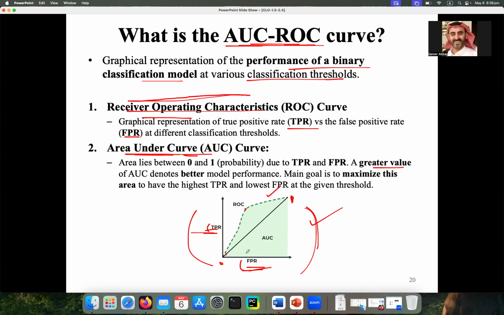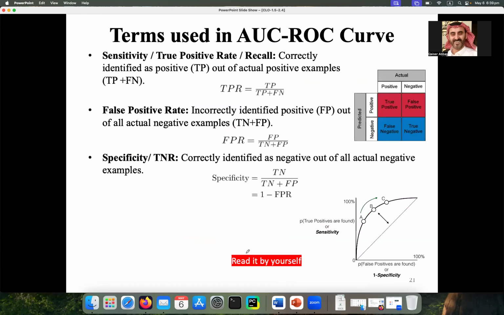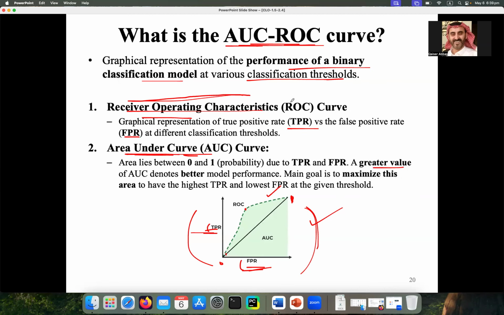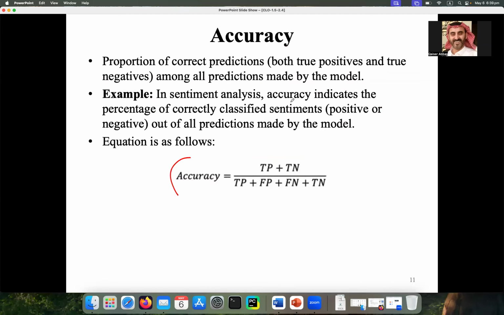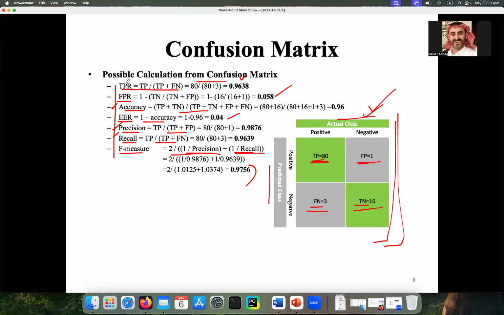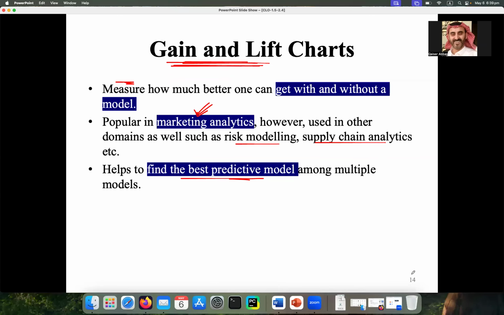Anyhow, now we will see this AUC-ROC in detail. But before that, these are the terms that are needed to understand it. These terms include recall, which we already know. The other name for recall is TPR or sensitivity, and the equation for TPR is given here. We have already seen TPR and FPR on slide number 8, so I'm not going to discuss it in detail.